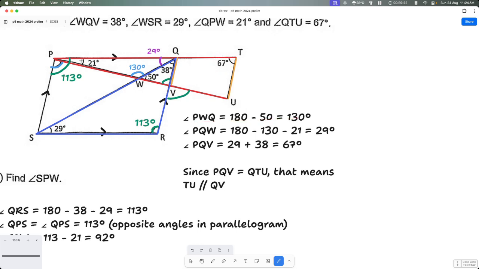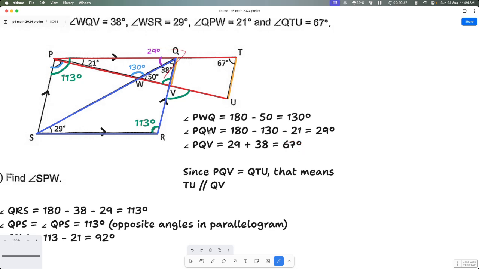So PWQ is basically this angle. Since this is a straight line, minus 50, this is 130, which is the blue angle. Once we know the blue angle, we can get the purple angle, which is 180 minus 130 minus 21, which is 29 degrees. Now to see whether this is equal to this, we have 29 plus 38, which is PQV, and this will become 67.